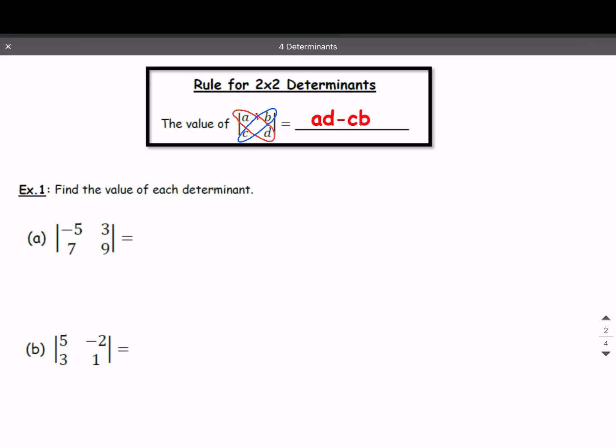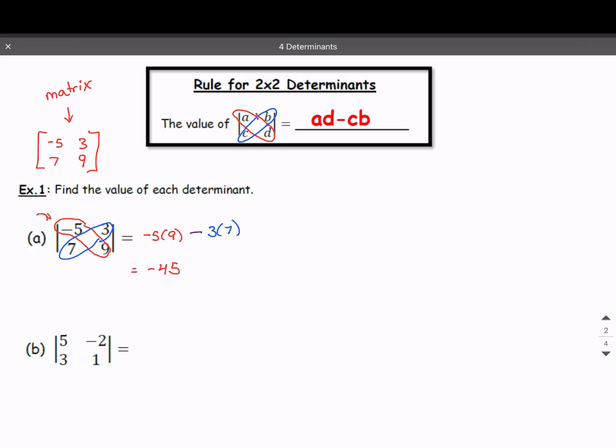So if we have, now notice these straight up and down, they are not the square brackets, -5, 7, 3, 9. This is a matrix, which is an array of numbers. This is a determinant, which is equal to a numerical value. All right, so from the upper left, that diagonal would be -5 times 9, and -5 times 9, that's -45, minus, now we're going to use the other diagonal, 3 times 7.